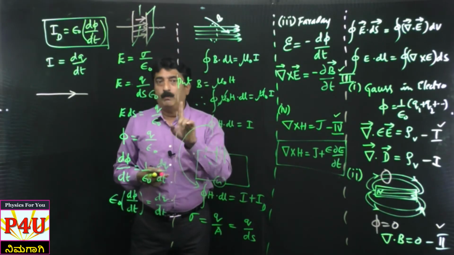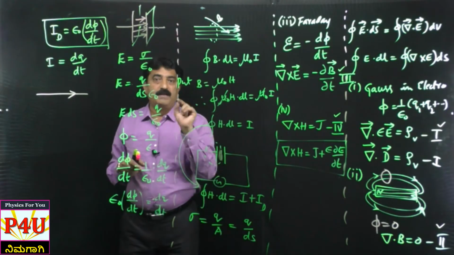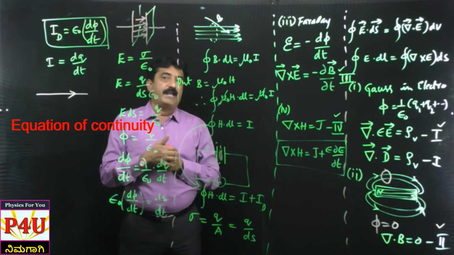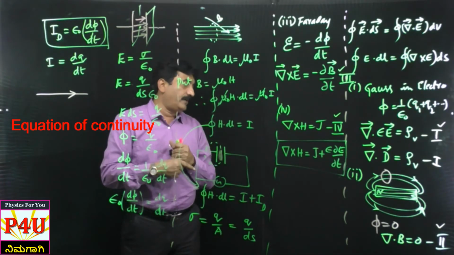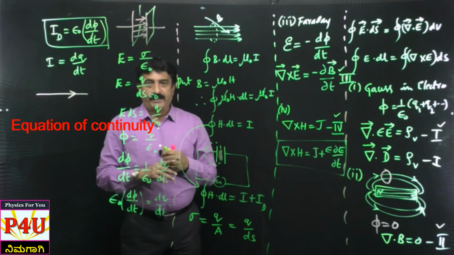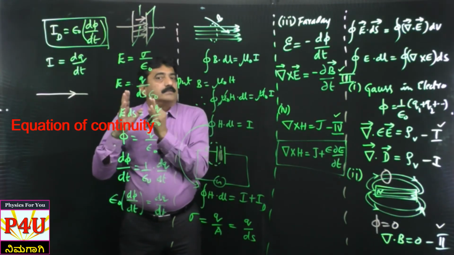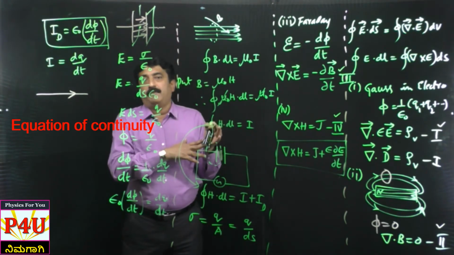Okay, dear students, now with this I take up another statement, that is equation of continuity. What is equation of continuity? That I will explain now. See, some parameters are depending on some other parameters.